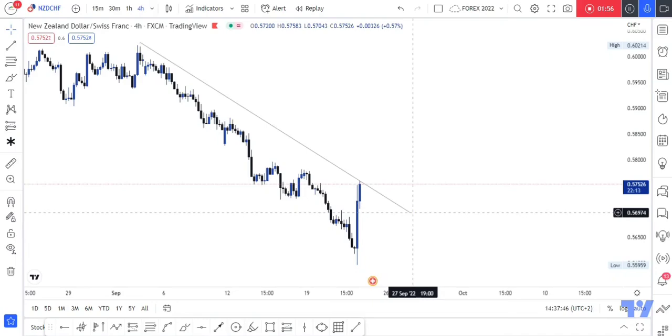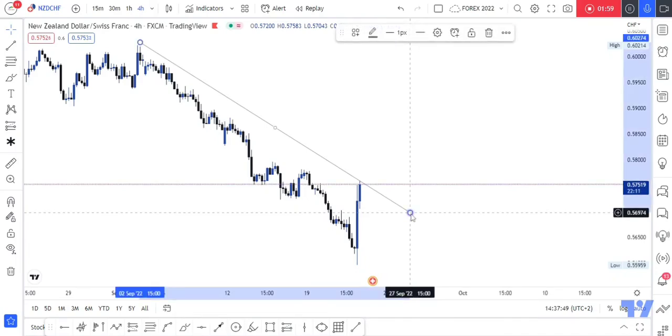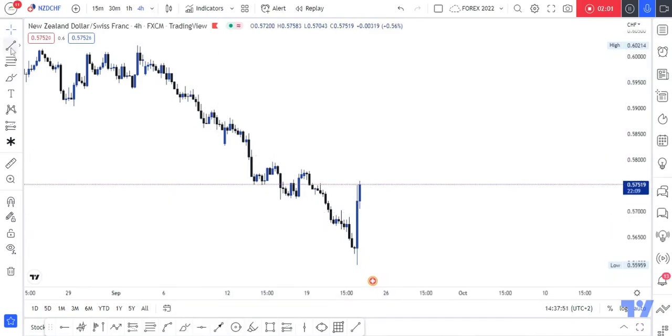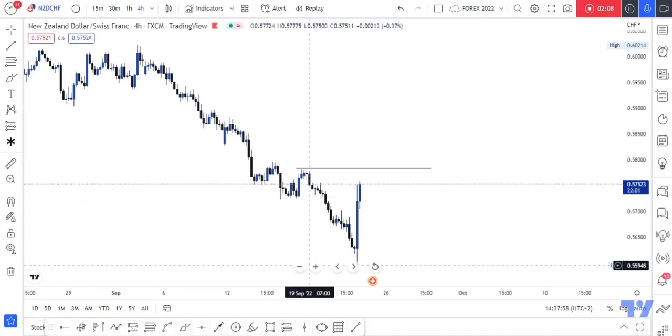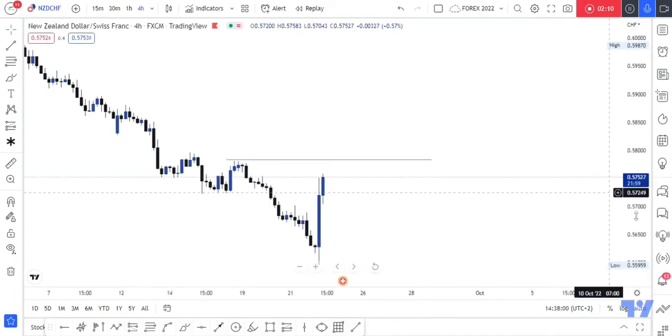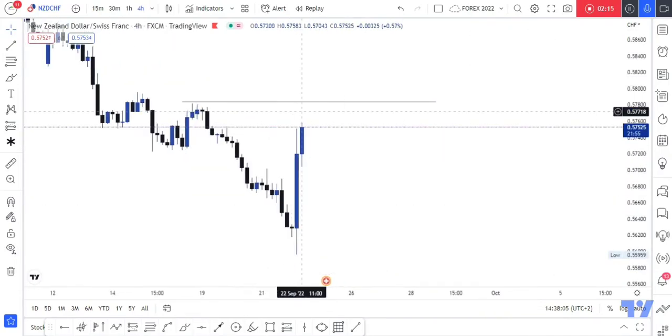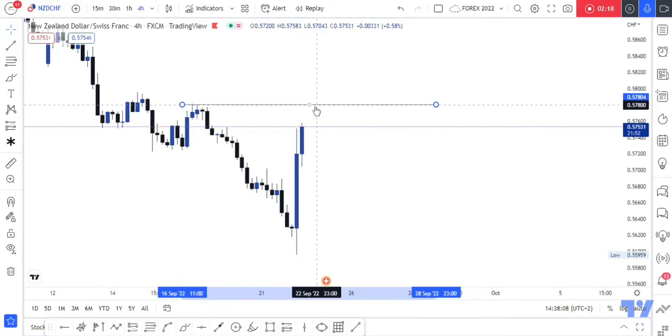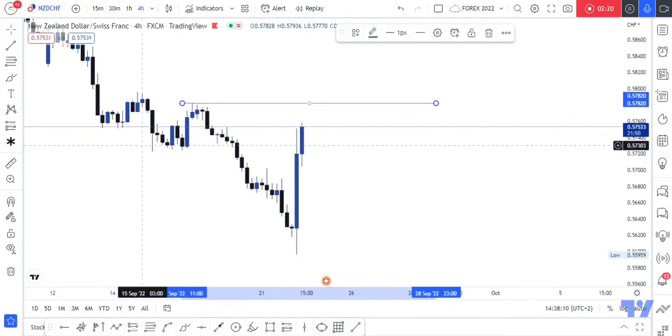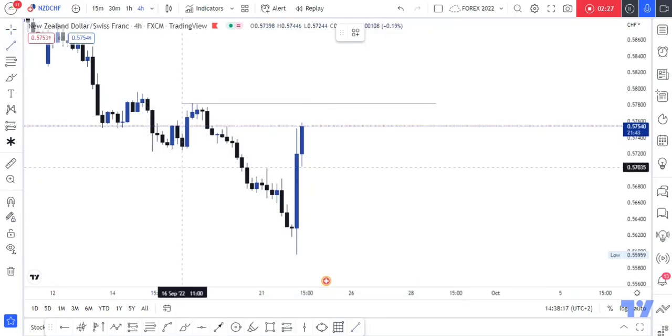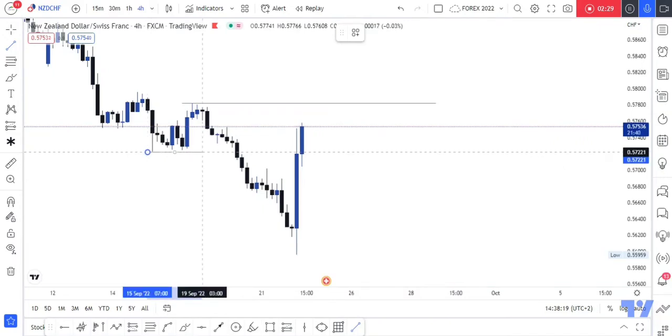Okay, so the first thing we should do, I can take off this trend line and I'm going to mark the recent lower high. Okay, so this is a recent lower high, and let's zoom into the chart so that you guys can see clearly. Right, so this is a recent lower high on the 4 hour time frame, and with this level right here we can take this zone or this price action to be the previous lower low, right?